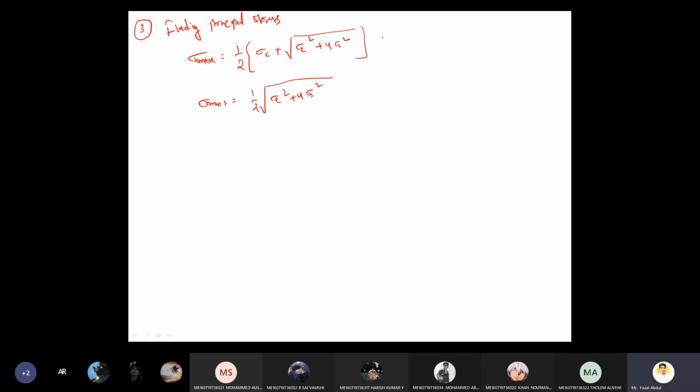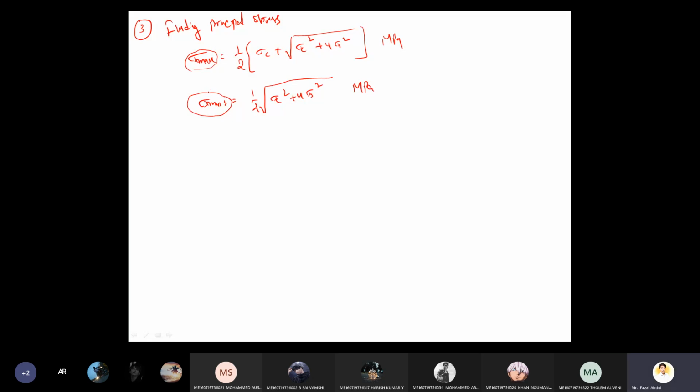You will get the answer in terms of megapascal. After getting these values, this one is called the induced compressive stress, and this one is called the induced shear stress.